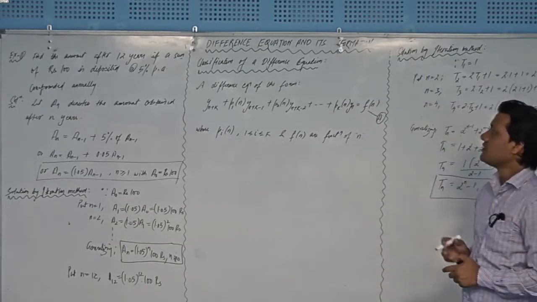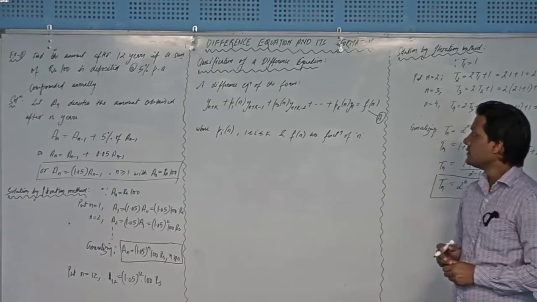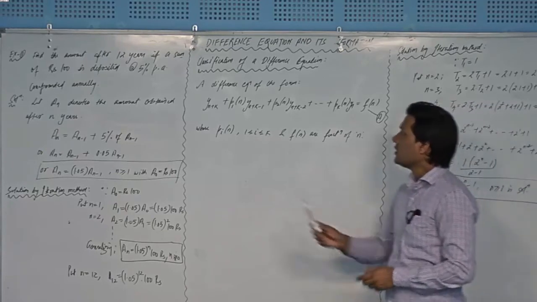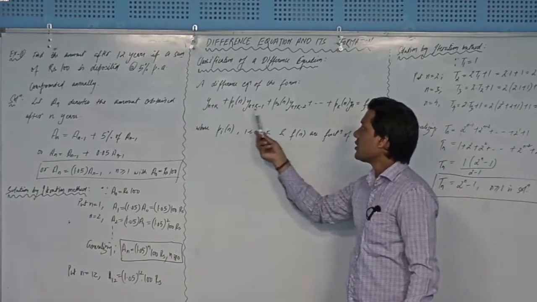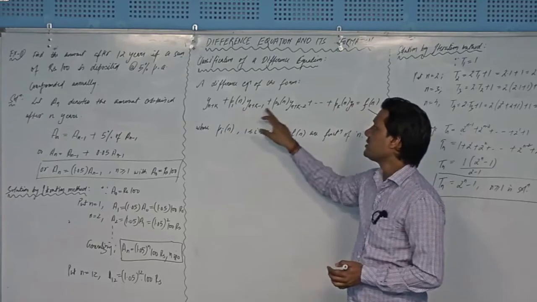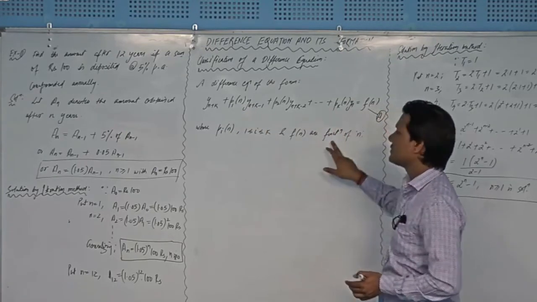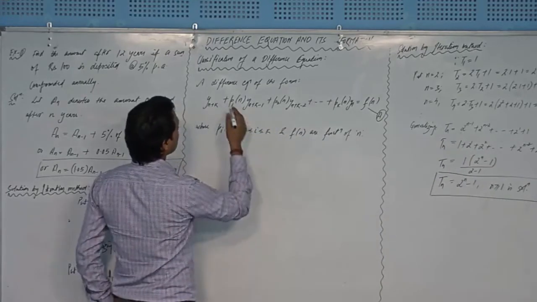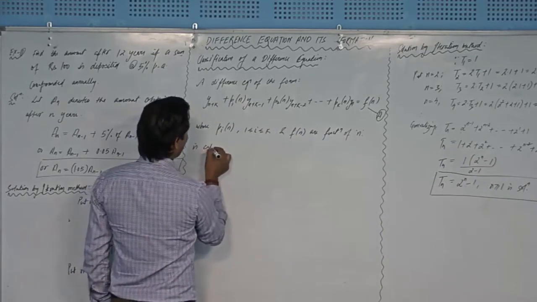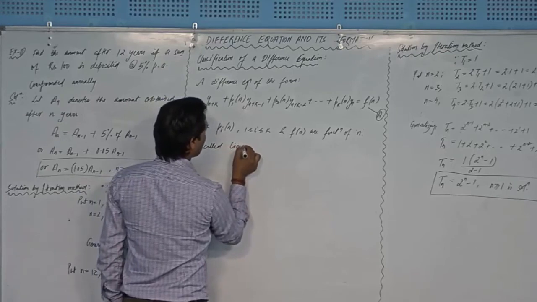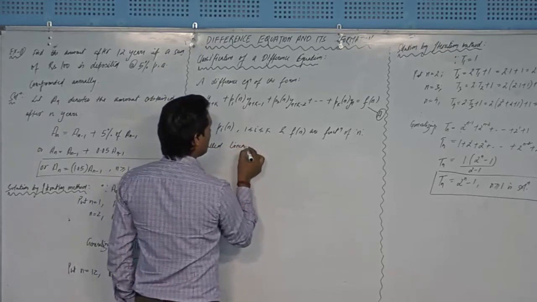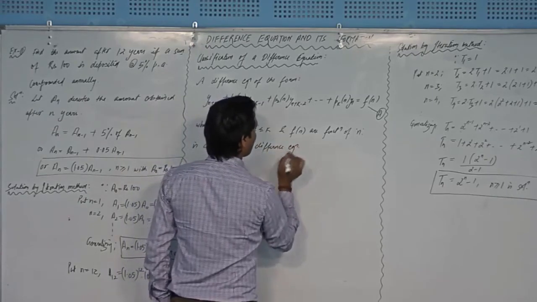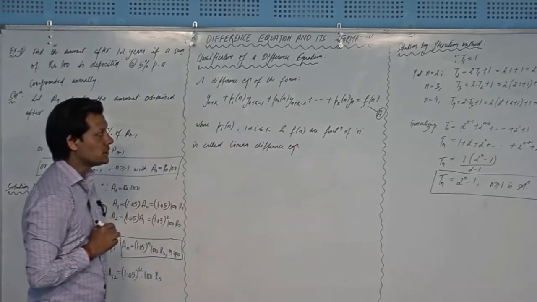So this is called a difference equation, and it is called a linear difference equation because only product terms are not allowed here. p_i(n) are functions of n, that is fine. f(n) is a function of n. Why are we calling it linear?